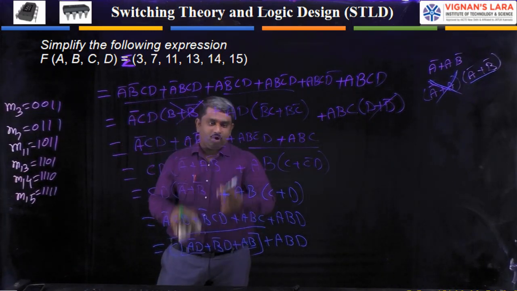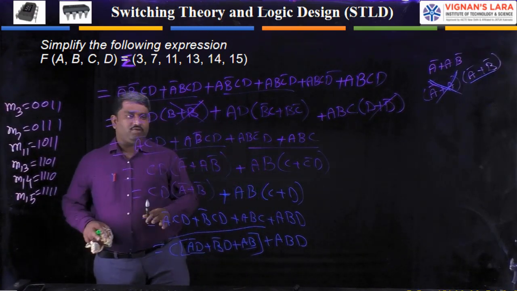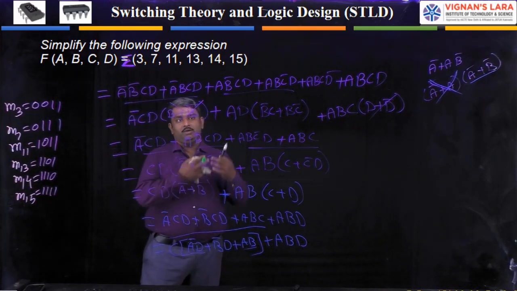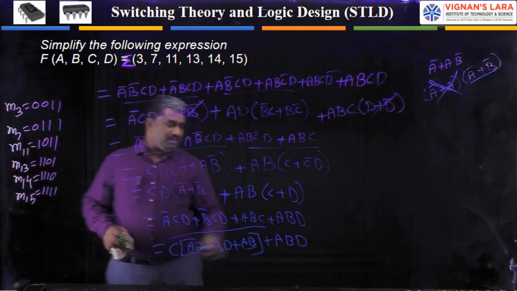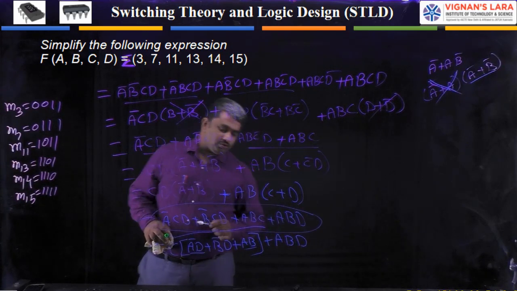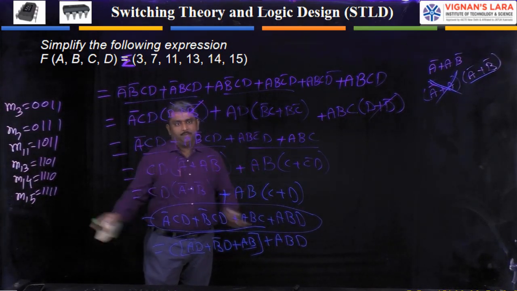I have taken common in this way, but I am not giving any solution; I have given the work to you. Which type of terms you take common is up to your choice. Presently we got this solution, but the simplification is not done up to now.